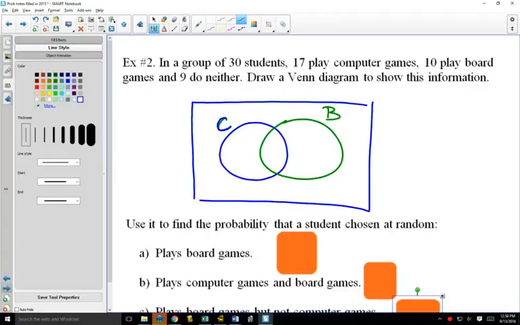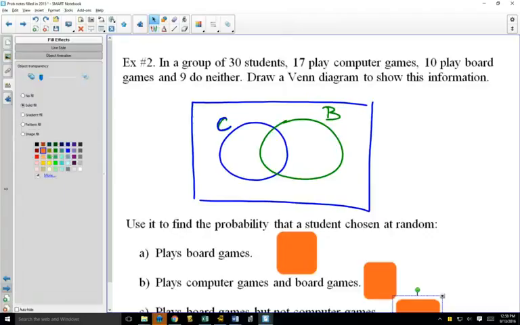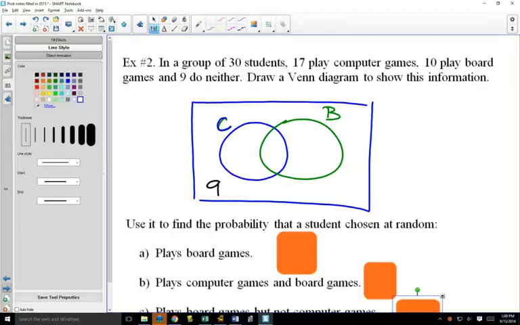So I want you to try and fill out the numbers. What's the number you can do right away? The 9. There's going to be 9 that do neither. And then you get stuck, right? Because there's no information specific to any one of those 3 things. We know that the whole blue circle is 17. We know that the whole green circle is 10.